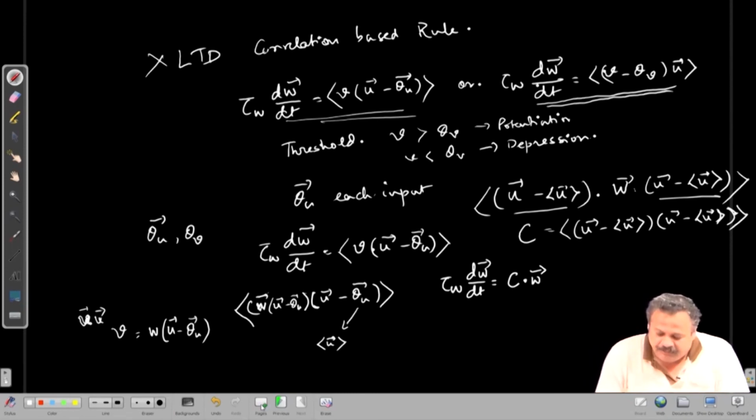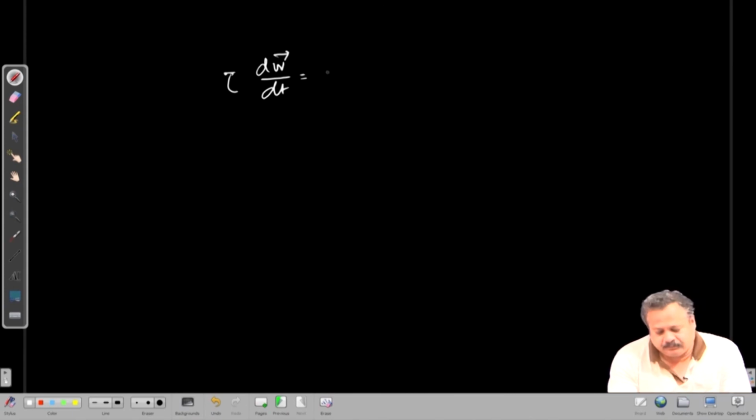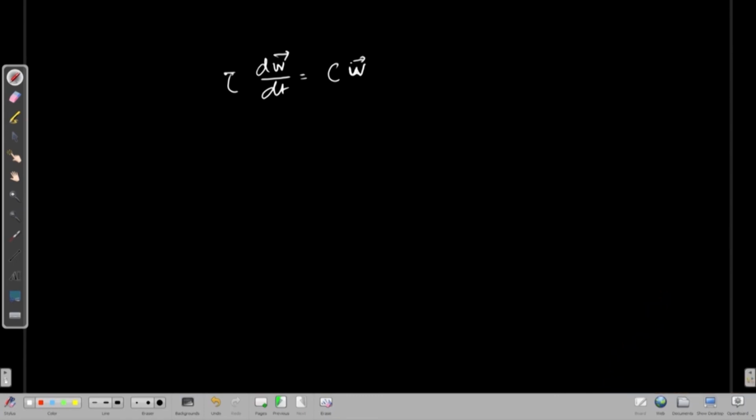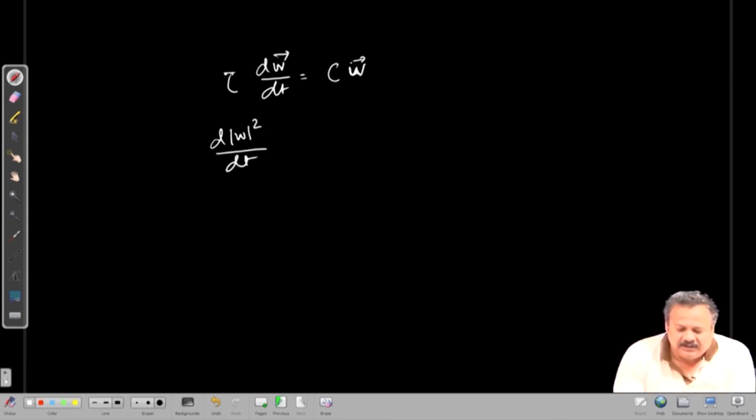That is because if we take this rule, tau dw/dt equals C times w, let us consider how the norm of the weight changes with time.